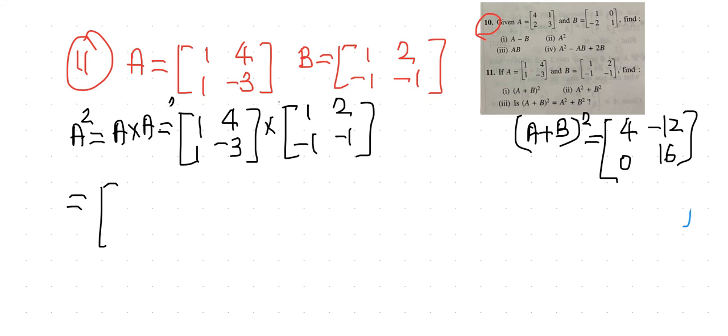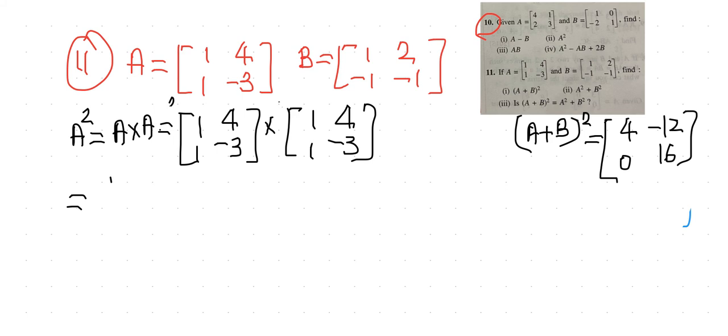This will be equal to, okay, I'll just write this. 1 into 1. Okay. So this is 1. Okay, sorry children, what I have done, I have taken here b. So this actually is being multiplied to itself, 4 and minus 3. So 1 into 1 plus 4 into 1.